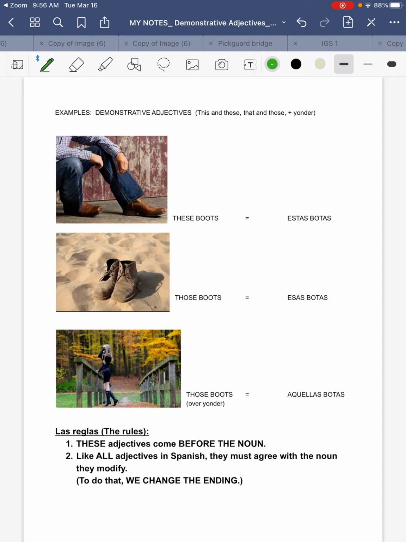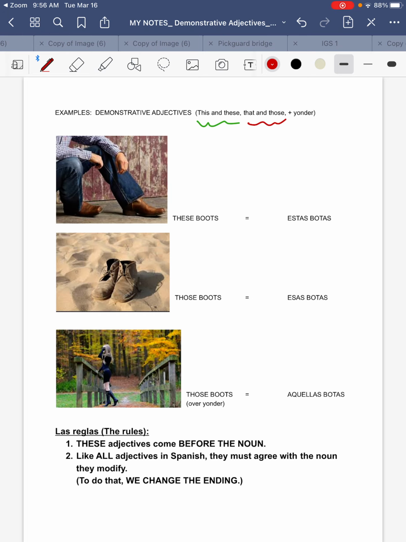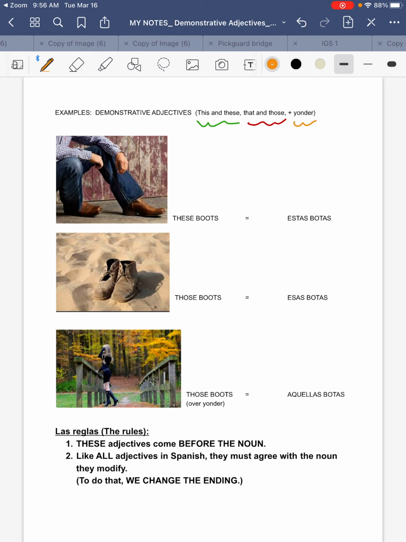So we have these little zones, these proximal zones, talking about nouns that are close to us, and we call those this and these. Nouns may be a little further away from us: that and those. And then we might have some nouns that are really off in the distance, visible, but off in the distance. We refer to those as yonder.